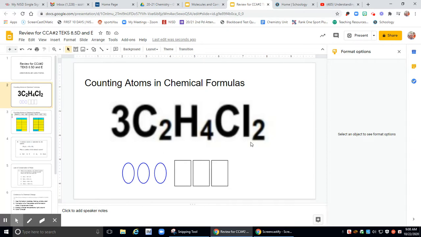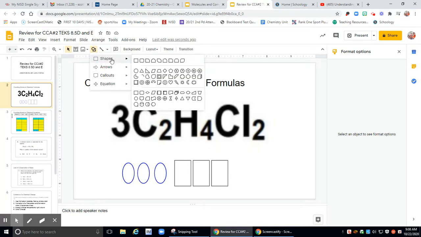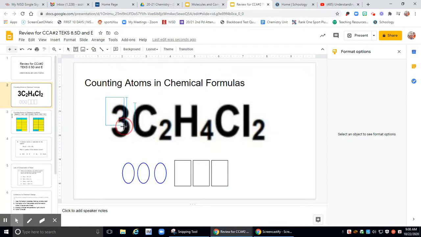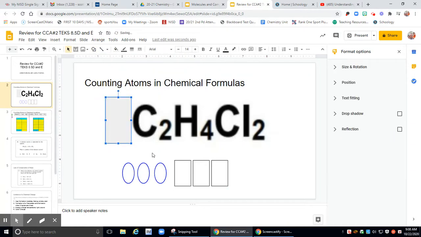So on the test, if they ask you how many carbon atoms there are, it is 3 times 2. If they ask you how many hydrogen atoms there are, there's 3 times 4. And if they ask you how many chlorine atoms there are, it is 3 times 2. Okay? So without that coefficient, if I were to just cover that coefficient up like this, then there would be 2 atoms of carbon, 4 atoms of hydrogen, 2 atoms of chlorine.